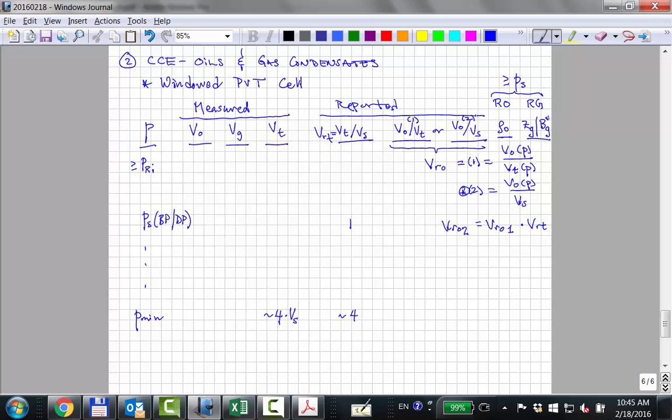And that BG that they give you will be the standard BG. So this is all the reported data here.